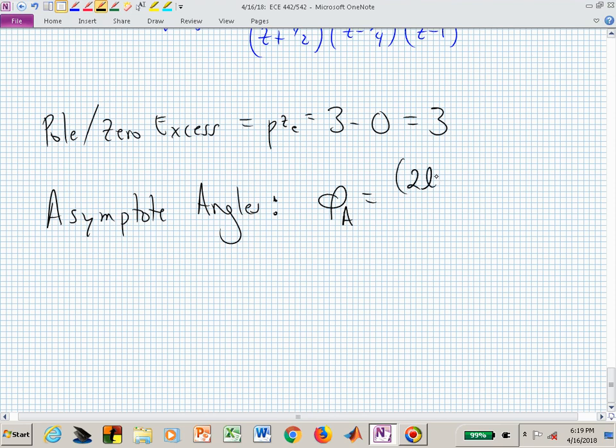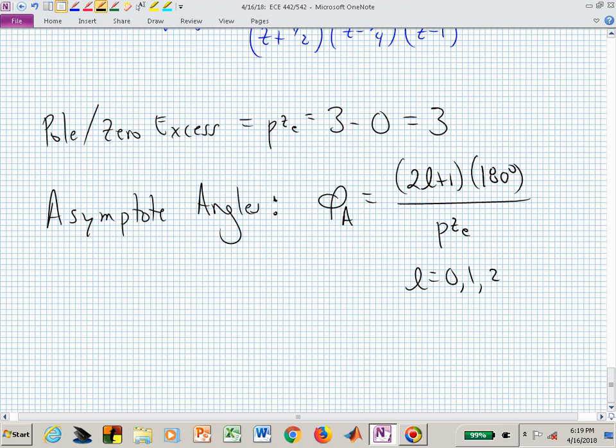That's now 2L plus 1 times 180 degrees all over PZ sub E, for L equals 0, 1, up to 2, where that 2 is our final L, which is PZ sub E minus 1, 3 minus 1, 2.